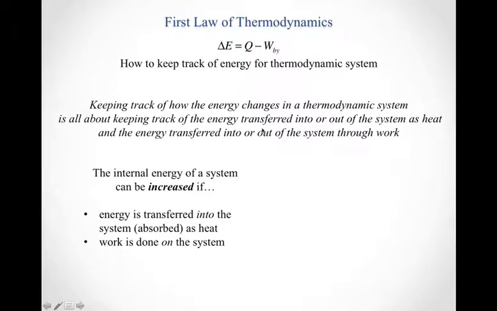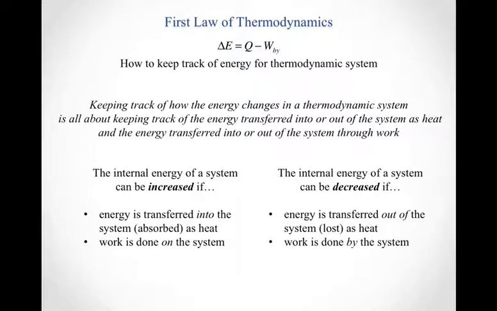So the internal energy of a system can be increased when energy is transferred into the system as heat, so if your system absorbs energy as heat, or when work is done on the system. That would be a Q plus work on, and the work on being positive means that you're increasing the internal energy of your system.